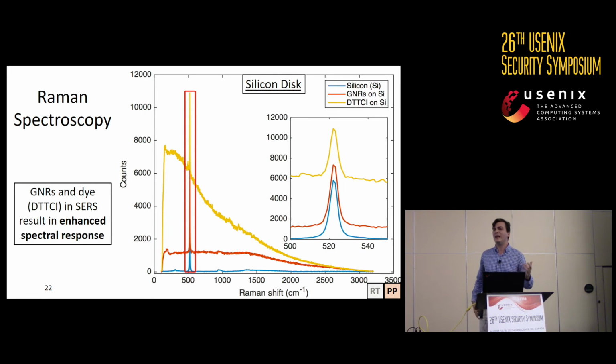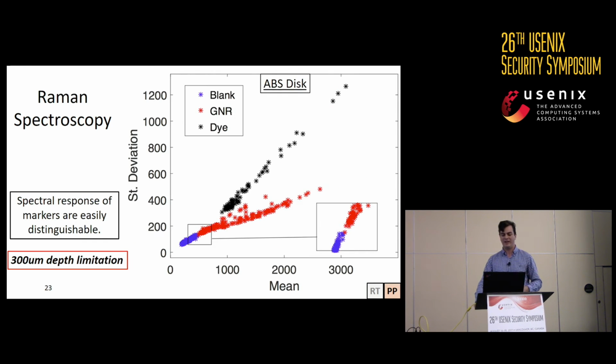And so if you can imagine a laser scanning across a surface, you would be able to tell when the amplitude is low, that we're just looking at silicon, and when the amplitude is higher, we're looking at either gold nanorod or DTTCI dye. So to perform multiple tests, we take these graphs and we find the amplitude and standard deviation.